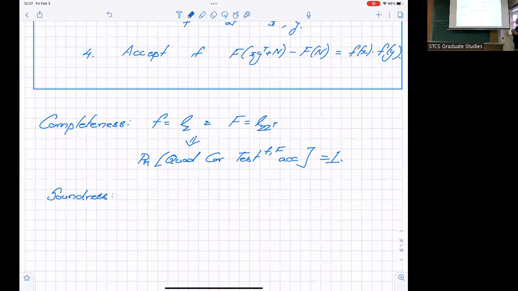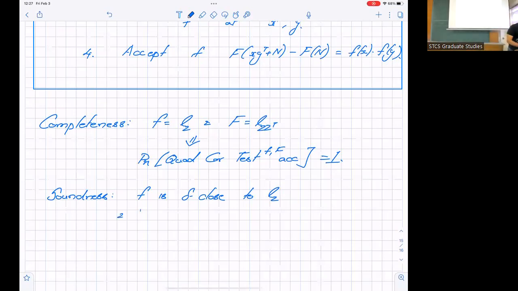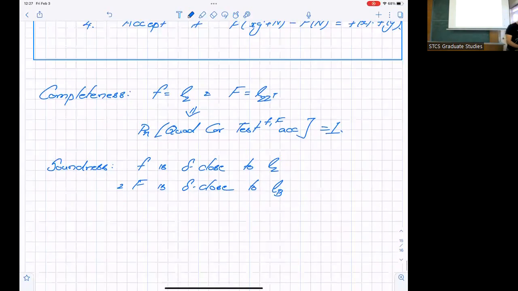So the more interesting thing is the following. Suppose f is delta-close to L_z. This we can guarantee because if you run the linearity testing, you can guarantee f is close to L_z. And F is delta-close to L_B, and B is not equal to ZZ transpose.